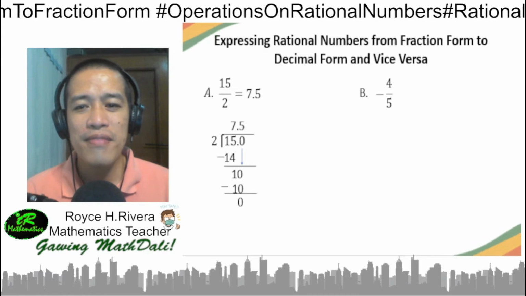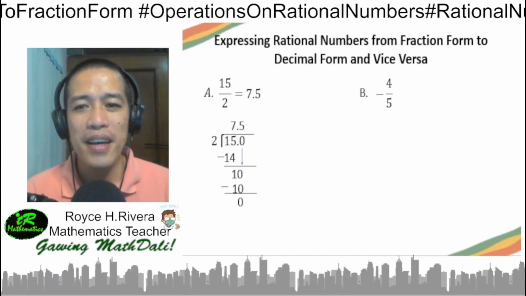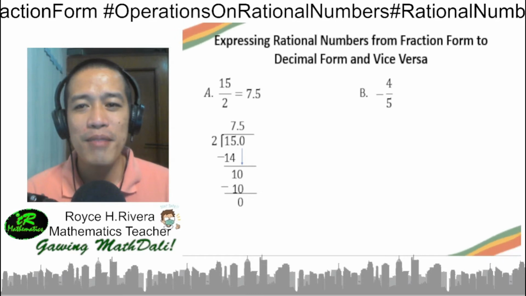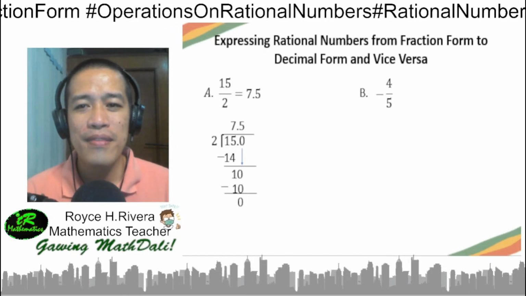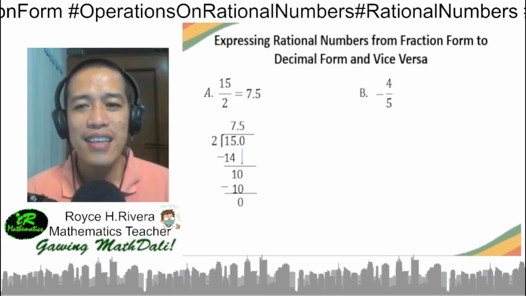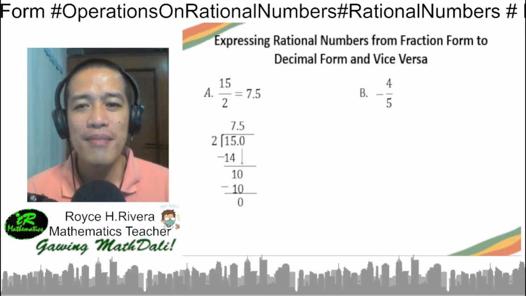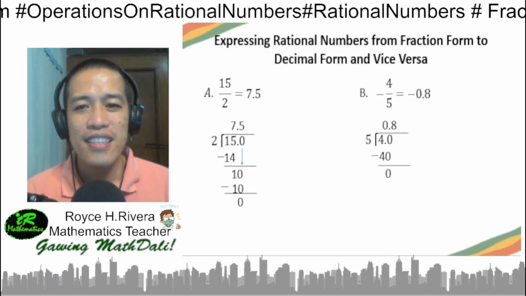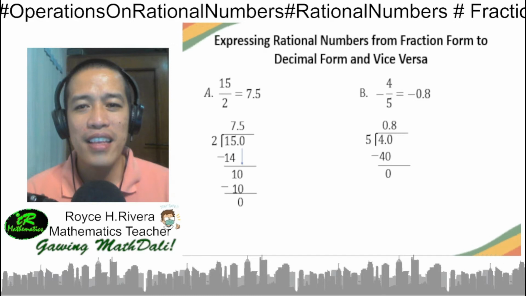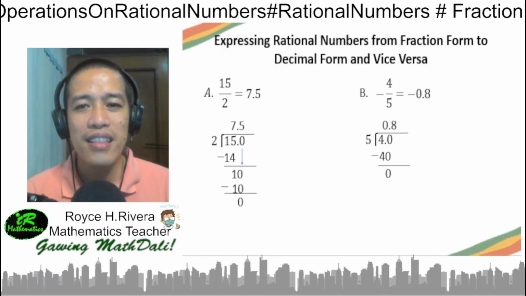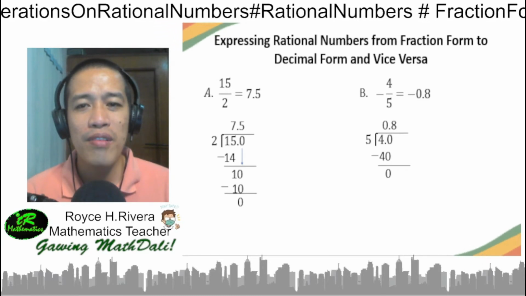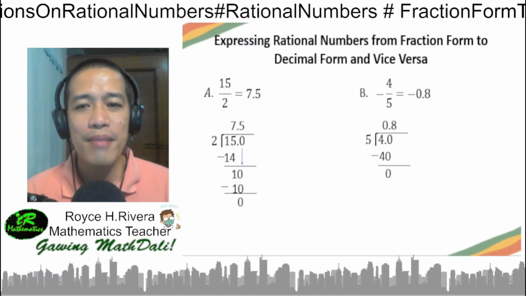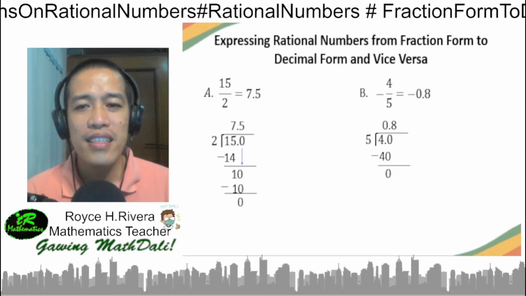So we have 15 divided by 2. And the answer is 7.5. 15 over 2 is 7.5 in decimal. Same as with letter B, get the quotient of the numerator 4 by the denominator 5. 4 divided by 5 is 0.8.